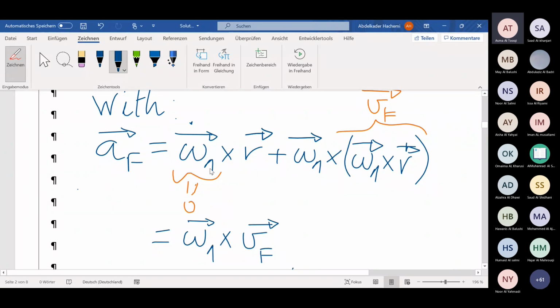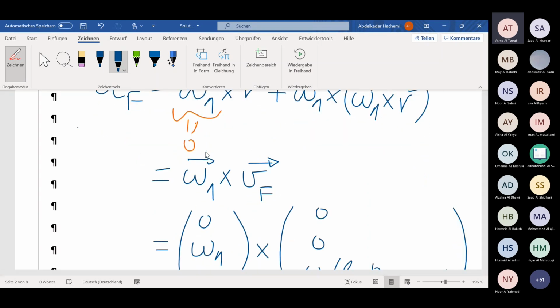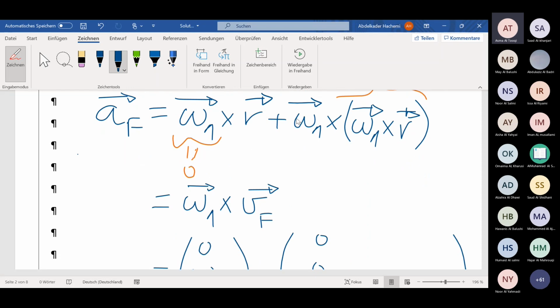It means instead of using omega 1 or omega 1 dot, the disk around itself will rotate with omega 2 and not omega 1. For this, we decompose each term, okay? But the relationship stays the same.